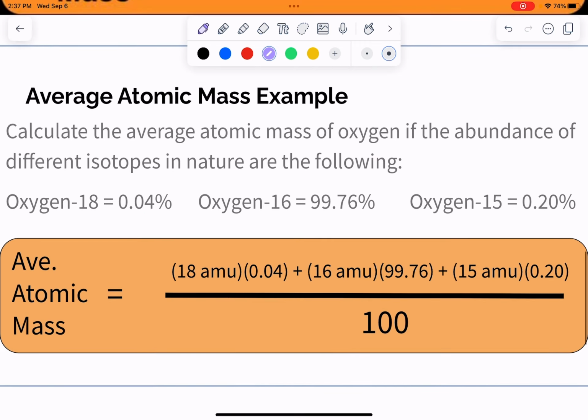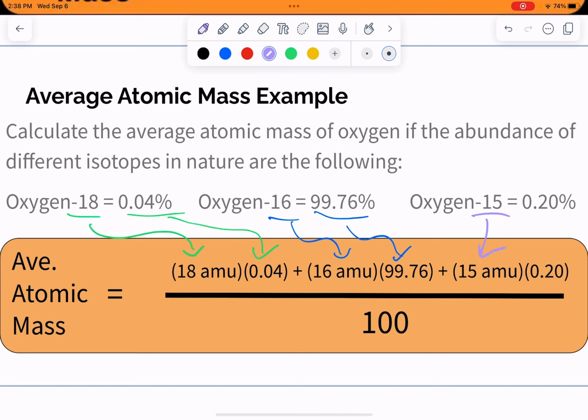So when I plug this in, I take the mass of the first isotope and the percentage, multiply those together, then I take the mass of the second isotope, multiply it by its percentage, and then lastly I do the third isotope, multiply it by its percentage, and then divide everything by 100.